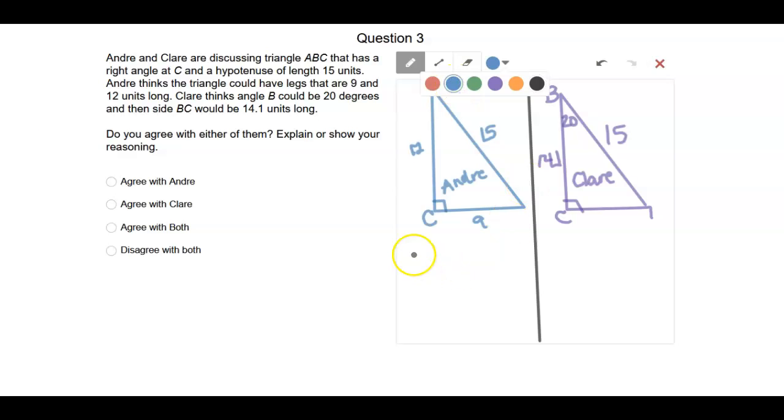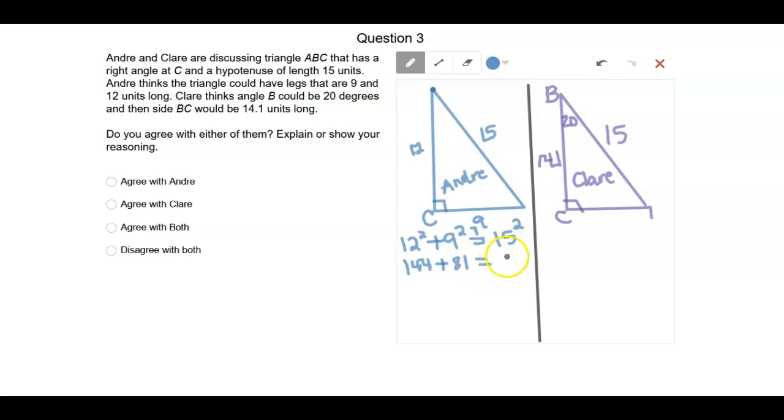So 12 squared plus 9 squared is equal to 15 squared, with a question mark to show that we're checking this. 12 squared is 144. 9 squared is 81.